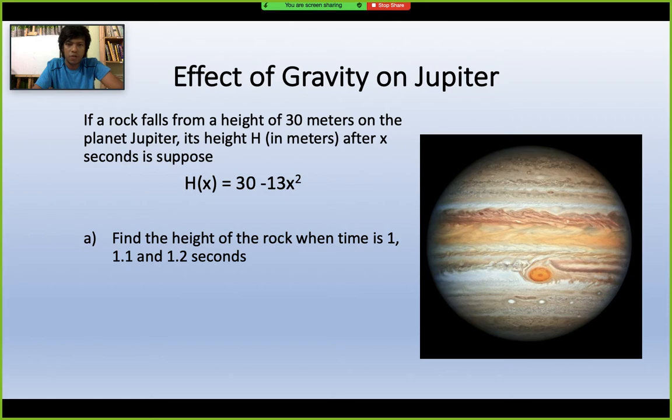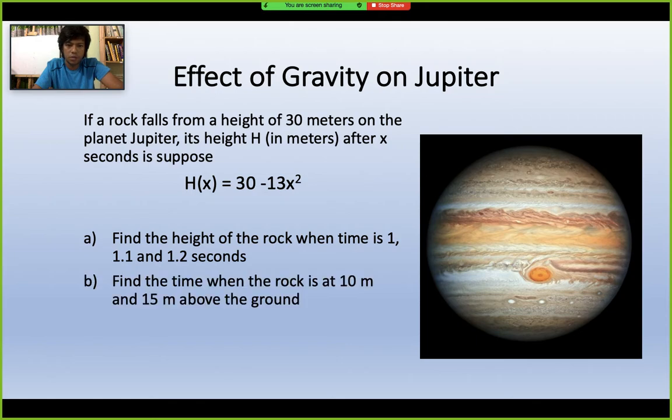So effect of gravity on Jupiter. We changed the function slightly. This is not a perfect model for Jupiter, but we just said that suppose this is the function, then find the height of the rock when time is 1 second, 1.1 second, 1.2 second.